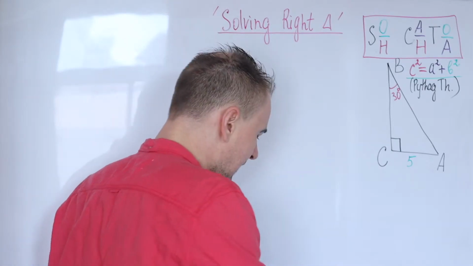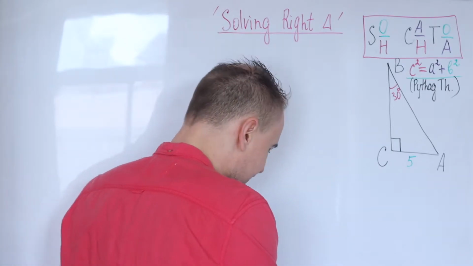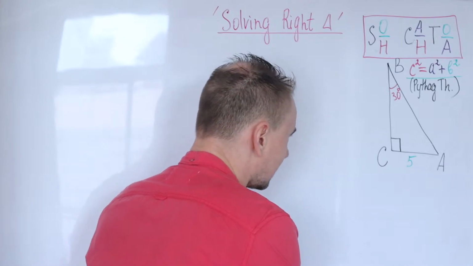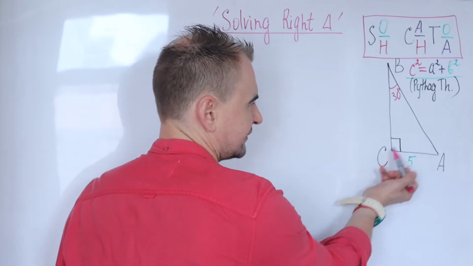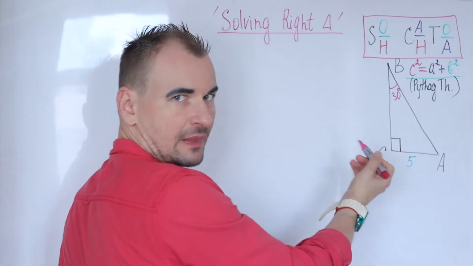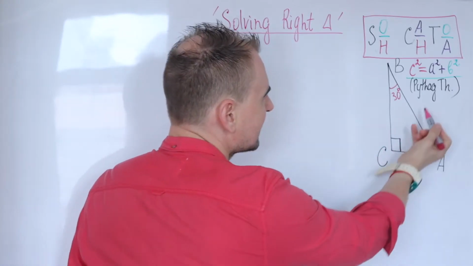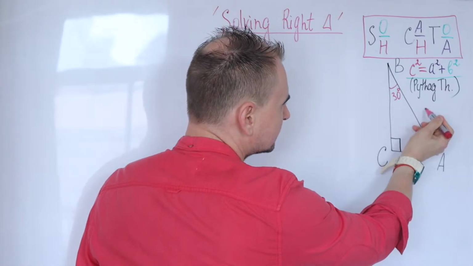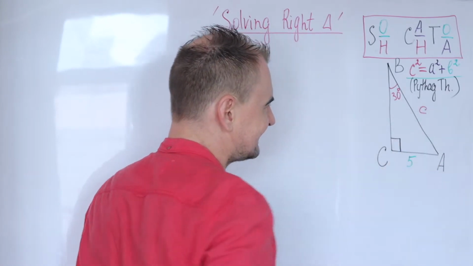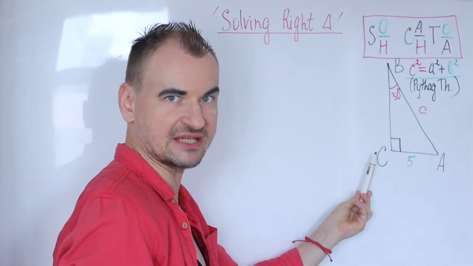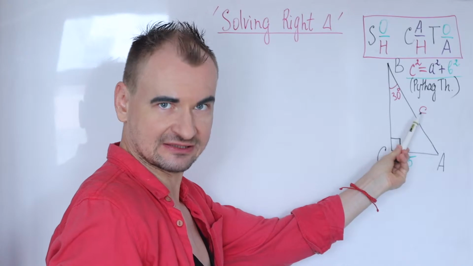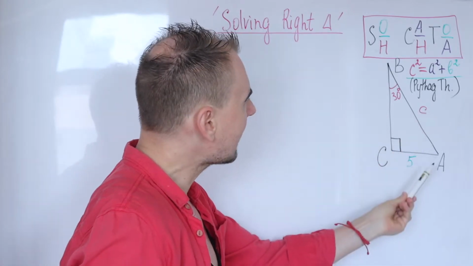Now, typically, the longest side of your triangle, which is the side directly opposite from your 90 degree angle C, is denoted by lowercase c, so it's directly across from capital C. This is small c.